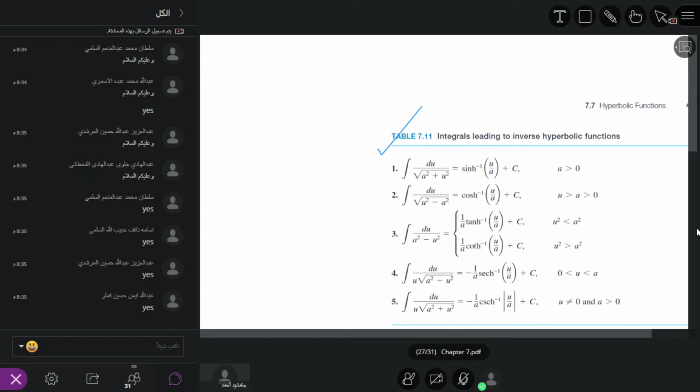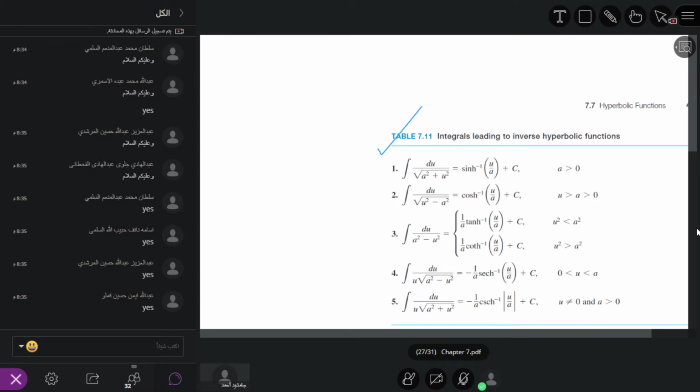The same way, we get the answer sine hyperbolic inverse of 2x divided by square root of 3. First we put the upper limit, which is 1: sine hyperbolic inverse of 2 over square root of 3 minus sine hyperbolic inverse of 0, which is equal to 0. Thus the answer is sine hyperbolic inverse of 2 divided by square root of 3.